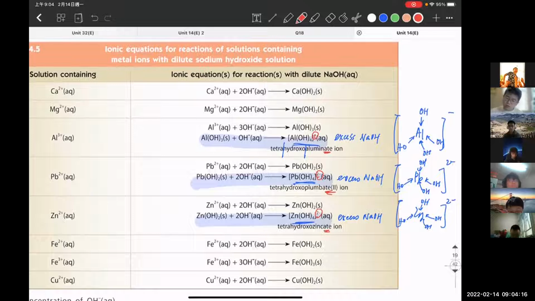Now, if you search on the web, you may see another name for this complex. We will call that aluminate, plumbate, and also zincate.